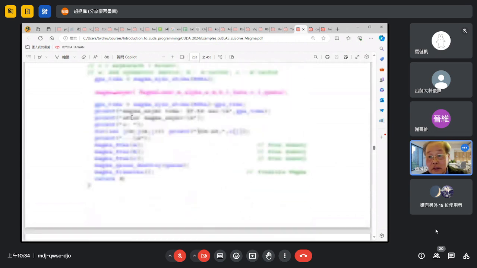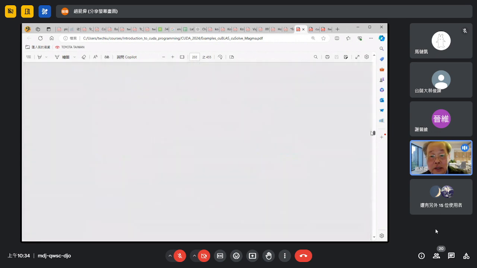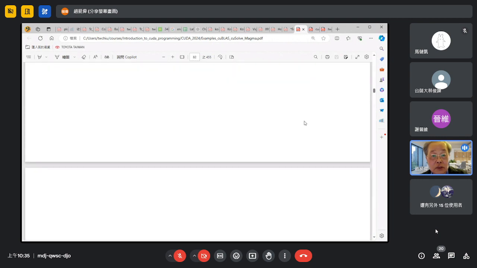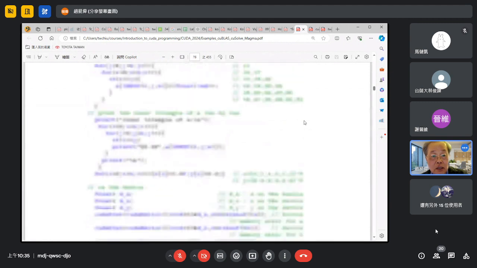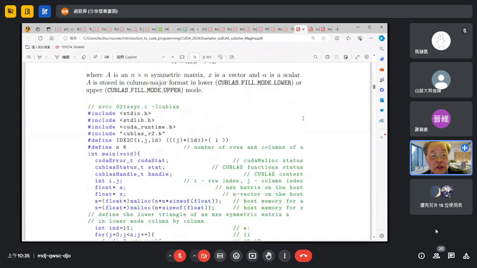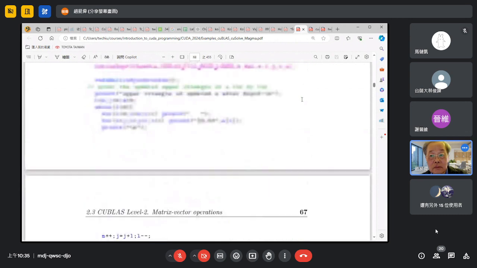And for other routines, you can just look up from the contents or index.